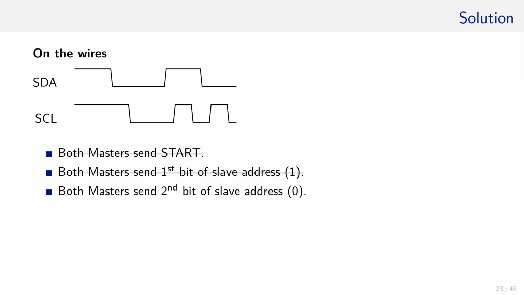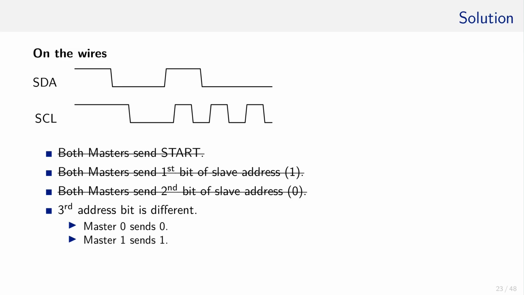The next address bit of the slave is set to 0 for both masters. Again, the value on the bus is as expected, that is 0, and no conflict occurs. However, the next address bit differs. Master 0 wants to communicate to a slave whose address starts with 100, while the destination of master 1 begins with 101.